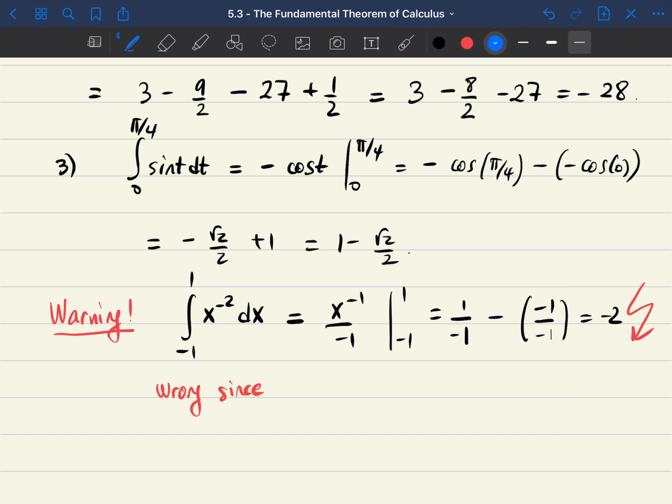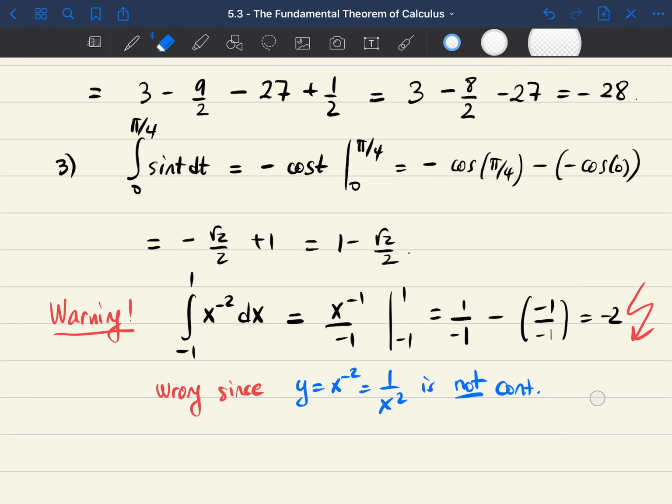Okay, so since y is equal to x to the -2, which is 1 over x squared, is not continuous on the interval -1, 1, right? Because if you plug in 0 here, you get 1 over 0, which is not good. Okay, so you have to be careful.